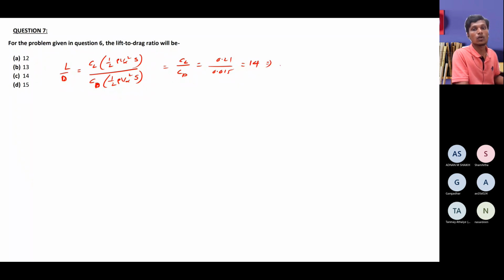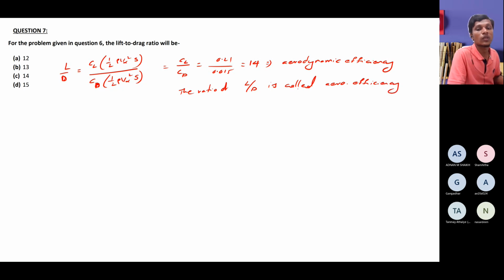This is also called aerodynamic efficiency. The ratio of lift to drag is called aerodynamic efficiency. You need to keep it in mind, and it will be a very useful parameter.